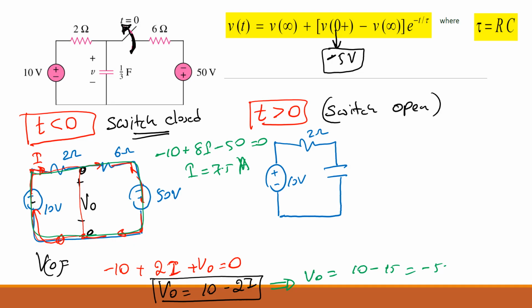So as I told you, you can apply KVL to this one here as well, and you get the V naught. So you have -V naught plus 6 times I minus 50 is equal to 0. So your V naught is negative, 50 minus 6 times 7.5, so you get V naught as -5 again. So even if you consider the right hand side or left hand side, you still get V naught as -5.